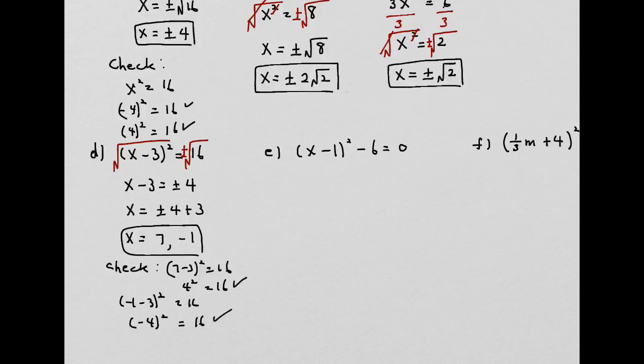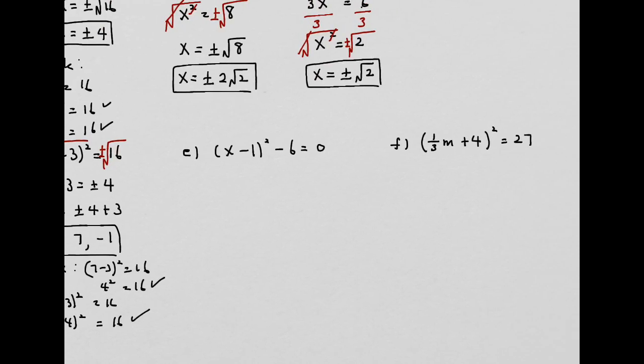So if we look at the next problem, the first thing I need to do is isolate the square term on one side. And this is the square term, right? It means I need to get rid of negative 6 by adding 6, right? So then you get x minus 1 squared equals 6.